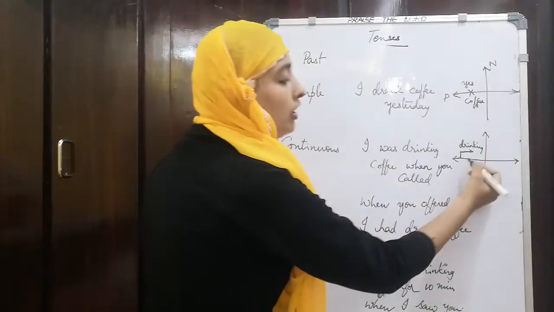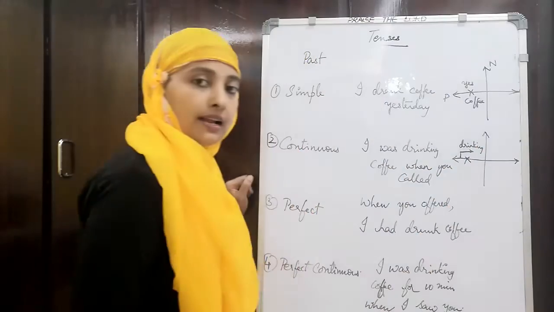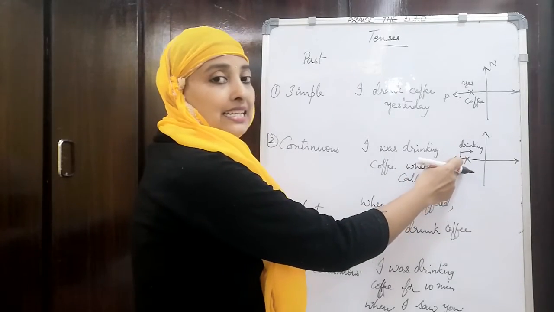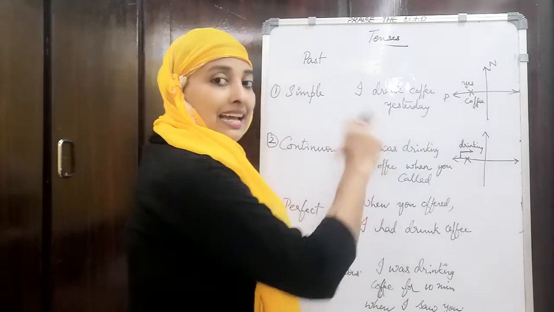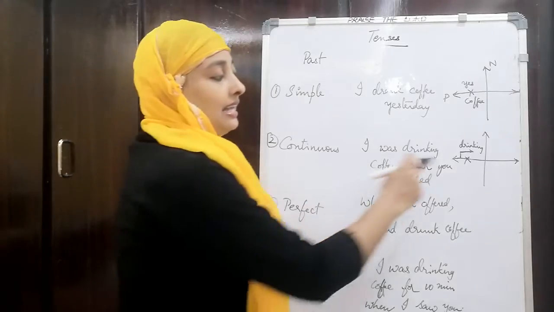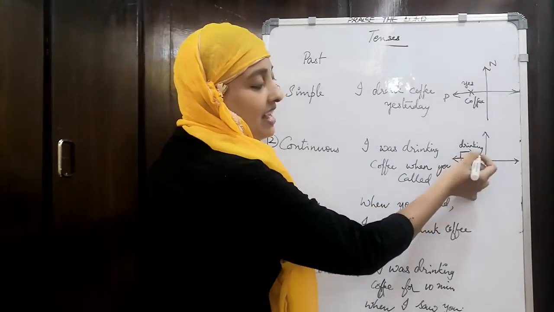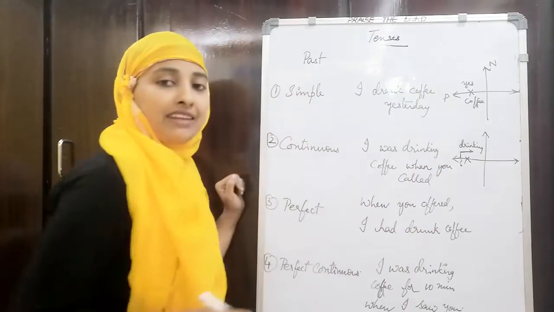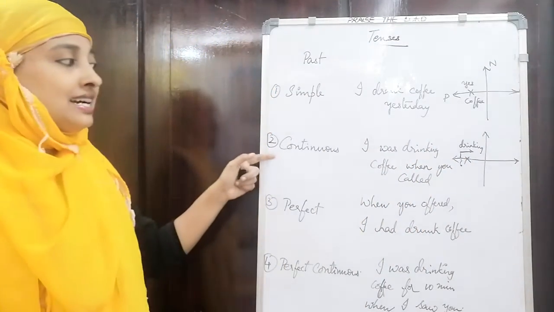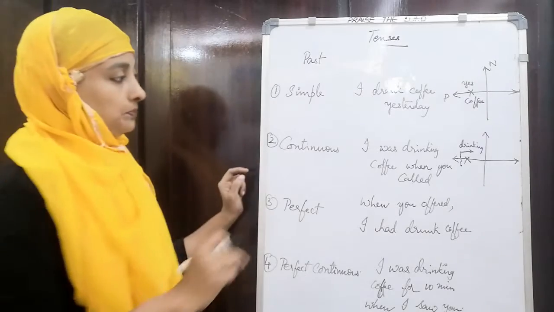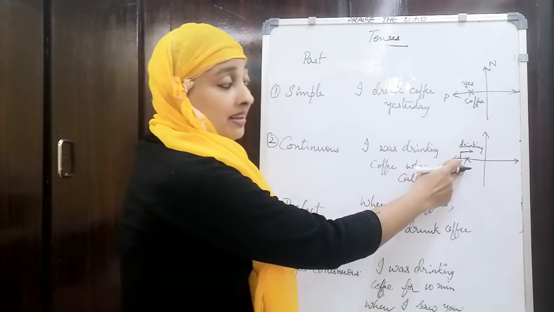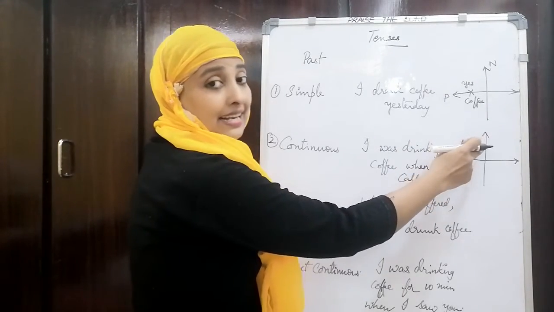Then in the middle of my coffee, you called. This event, that is you calling me, got over, in the middle of drinking itself. So it started somewhere, and while I was still drinking, you called. That event got over. So that is a continuous event. It happened in the middle, not at the end, right?